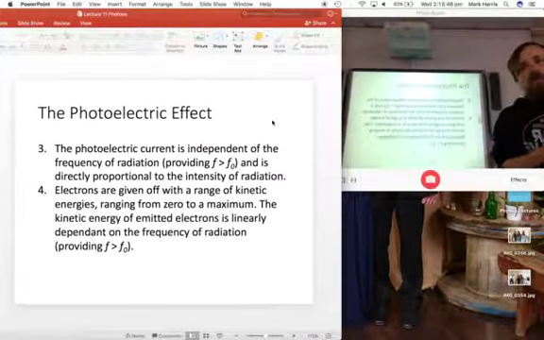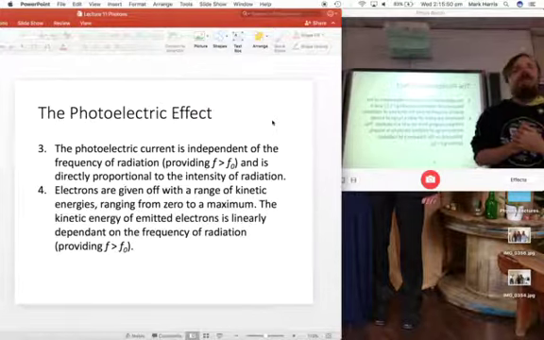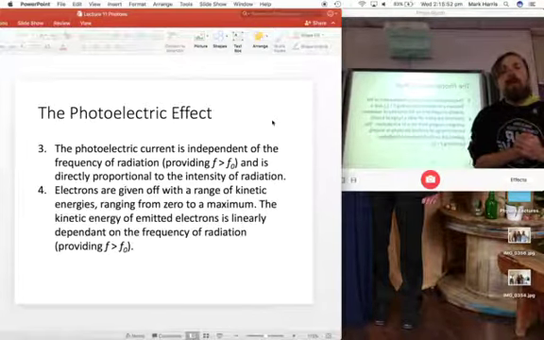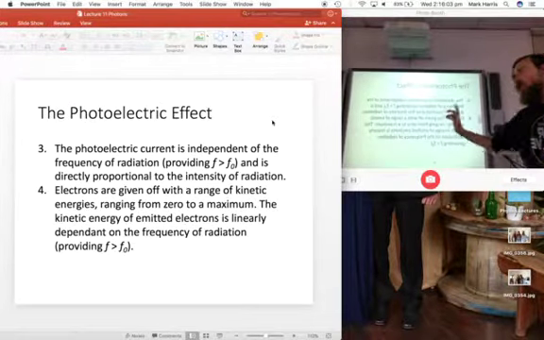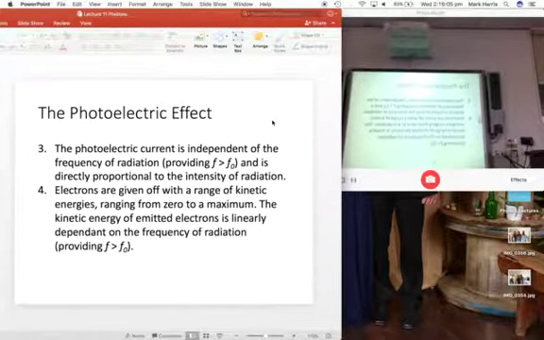So they're given off with a range of kinetic energies between 0 and an absolute maximum. And the maximum is dependent on the frequency. This is a linear relation, and it's dependent on the frequency of the radiation, providing that it's larger than the minimum you require.